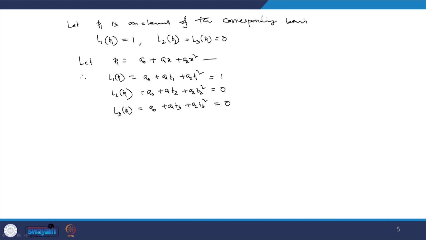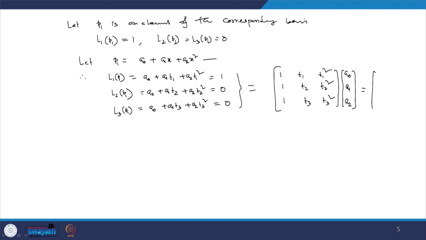So, this implies that I will have a system of equations: the matrix with rows 1, T1, T1 square; 1, T2, T2 square; 1, T3, T3 square, into A0, A1, A2 equal to 1, 0, 0.